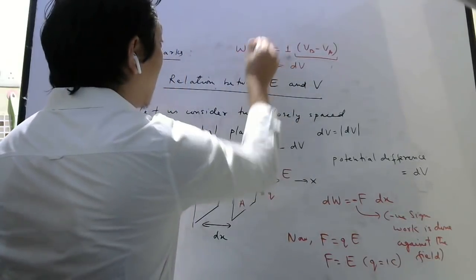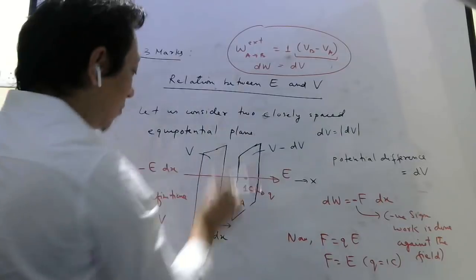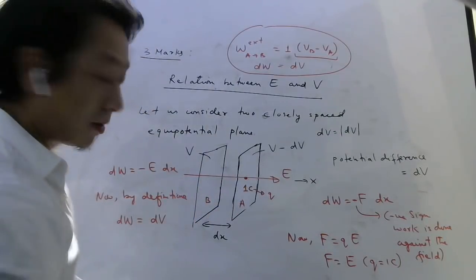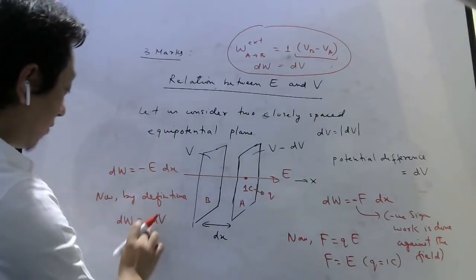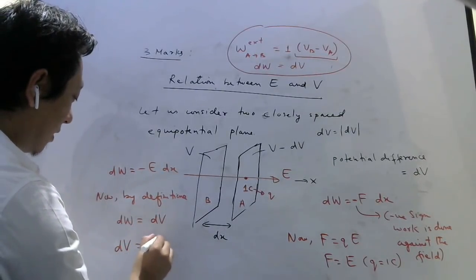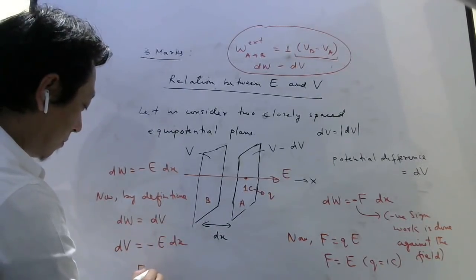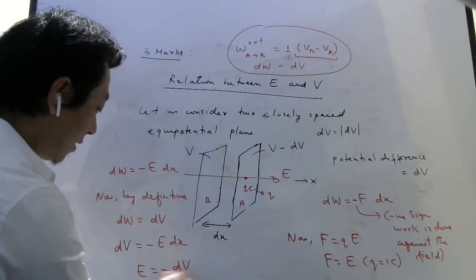And this work done I wrote dW. Why are we writing this way? Because we are taking a small distance. So dW is dV. That means if I substitute this here, what will I get? dV equals minus E dx. So what will E be equal to? Minus dV by dx.